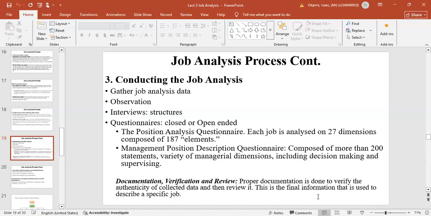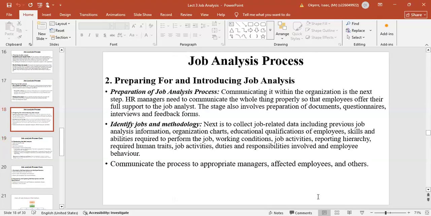In conducting the job analysis, remember I told you in step 2 that you already decide who is going to do the job analysis. Either you go for a specialist or you go for a person from the organization.